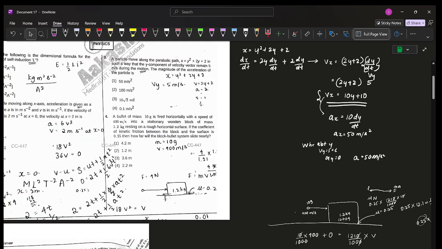Yeah, and then finally I get s to be something like 2.15 meter, which is almost 2.2 meter. Okay, good, we've done it.